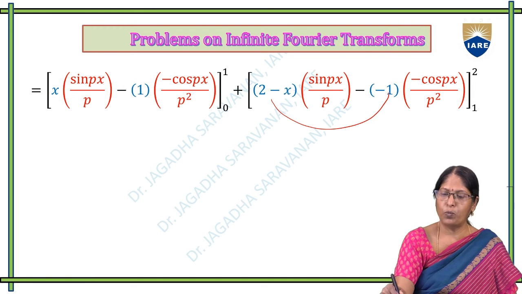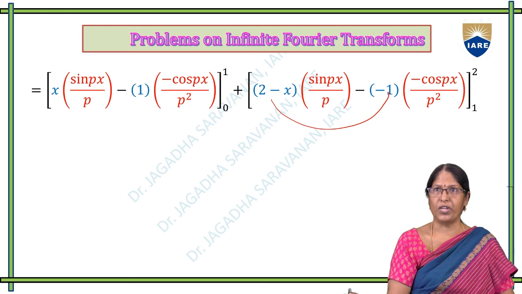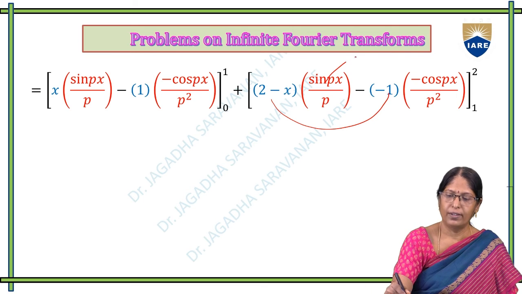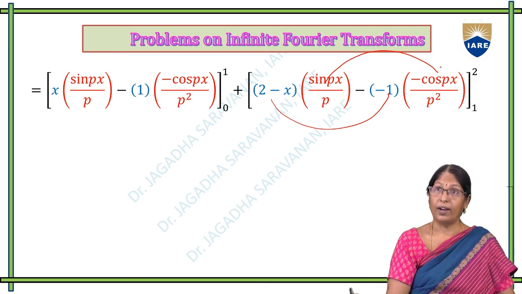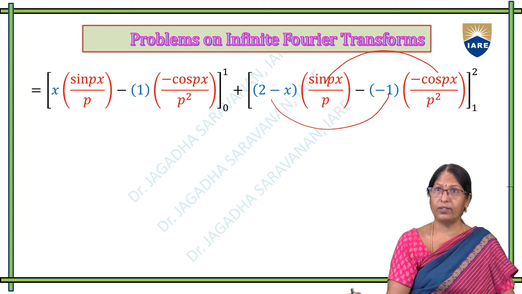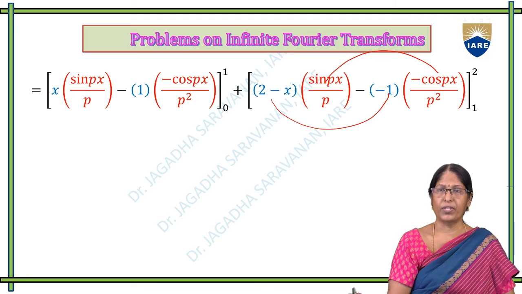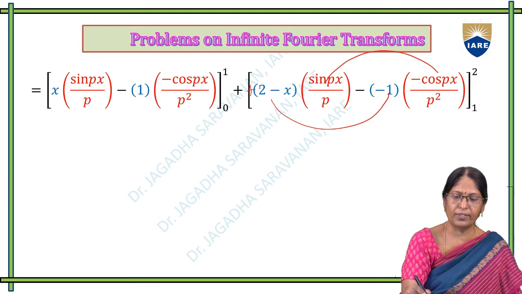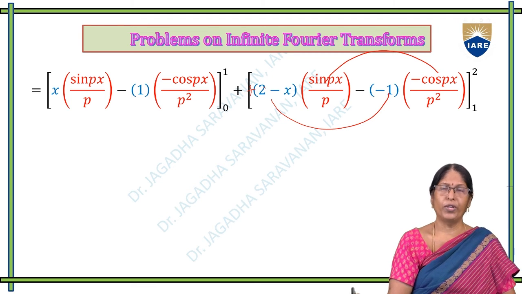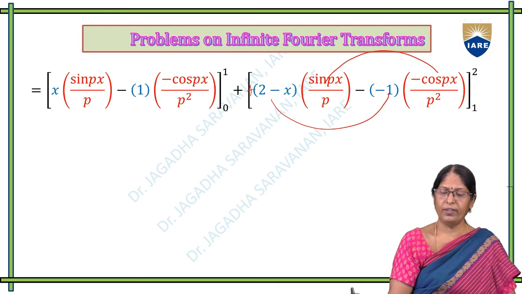So algebraic one under differentiation, trigonometric one under integration, and the middle sign, between the terms, alternating signs. Here the positivity is there. So by default we know it, if plus, no need to write.